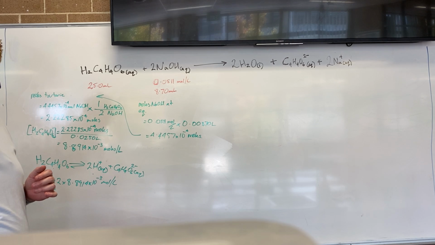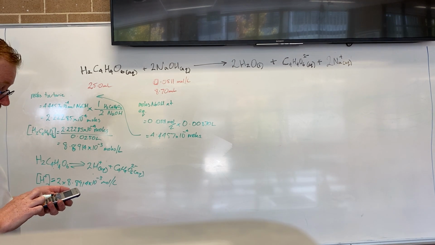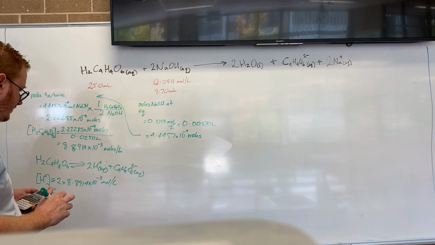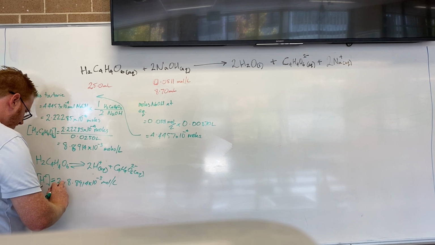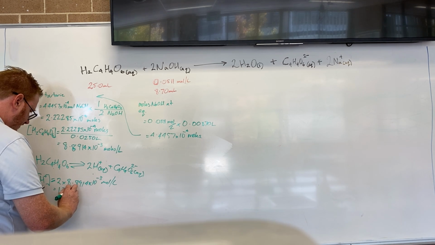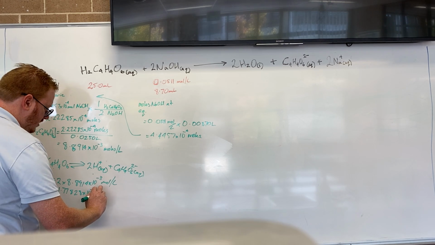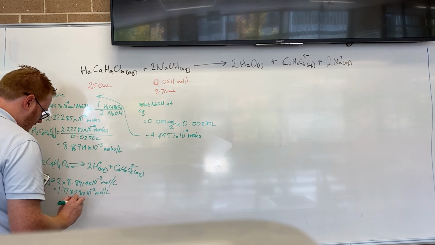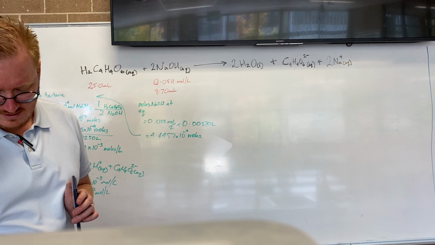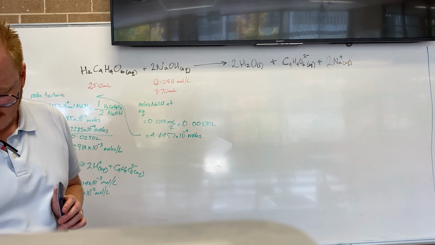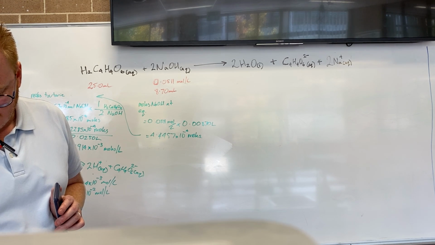Put it in my calculator. Could probably do it quicker, but with my brain, not quicker. 1.77828 times 10 to the negative 2 mole per litre. Significant figures, because I'm reporting an answer: 3 in the volume, 3 in the concentration, 3 in the volume again.